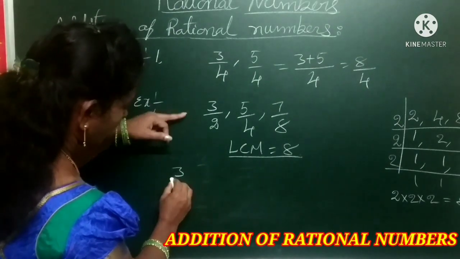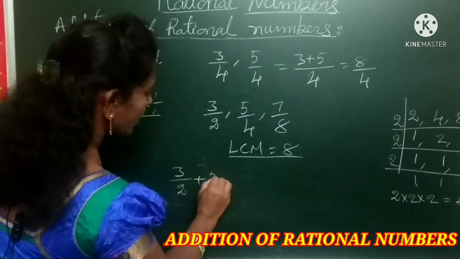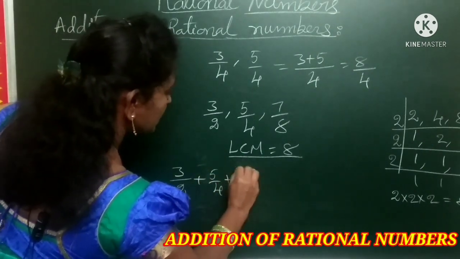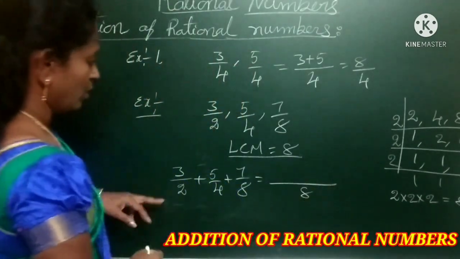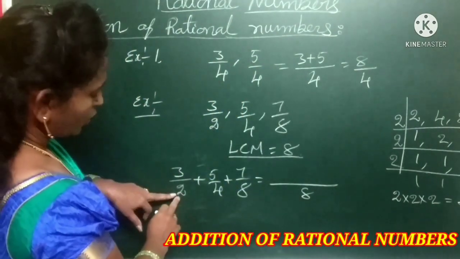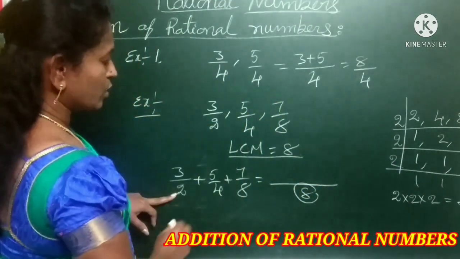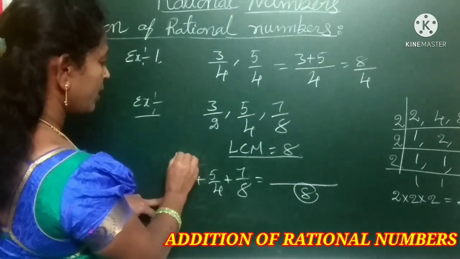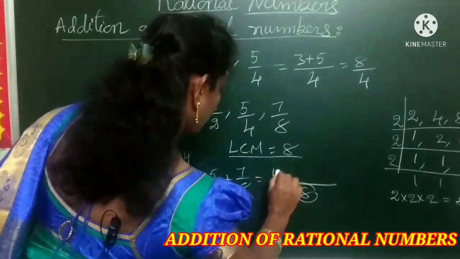Okay, now add the rational numbers 3 by 2 plus 5 by 4 plus 7 by 8. What is their LCM? 8. So now, 2 is how many times in 8? 4 times. So 4 is multiplied with the numerator 3: 3 fours are 12.